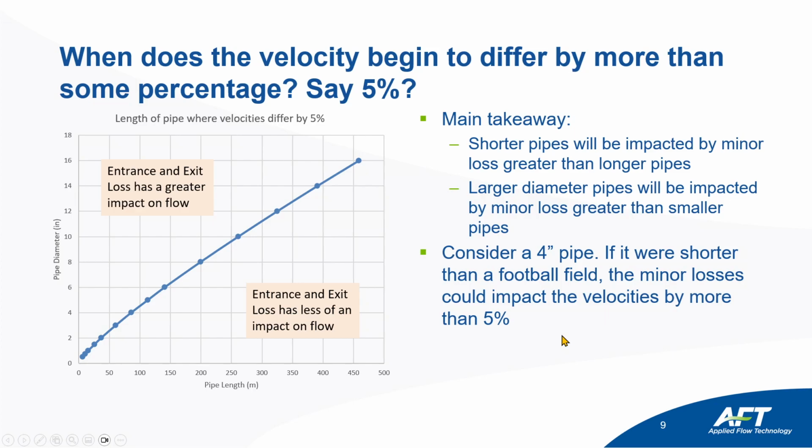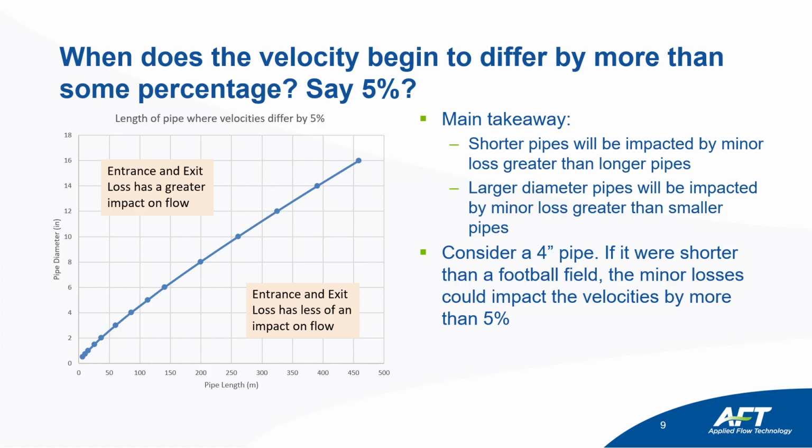Let's consider a 4-inch pipe. I like a 4-inch pipe because it's roughly the size of a fist. Most people can fit their arm into a 4-inch pipe, so it's pretty easy to visualize. If that 4-inch pipe is shorter than a football field, and thankfully American football and international football fields are almost the same length, so just think football field, the minor losses could impact the velocities by more than 5%.